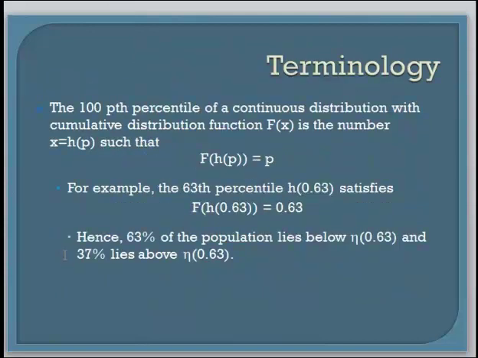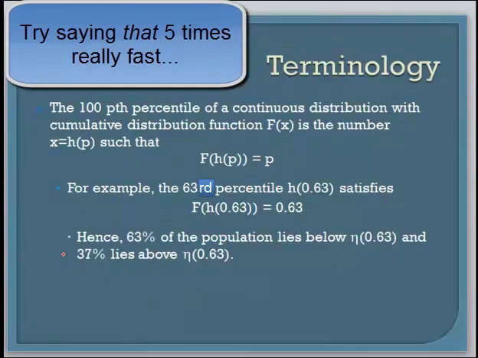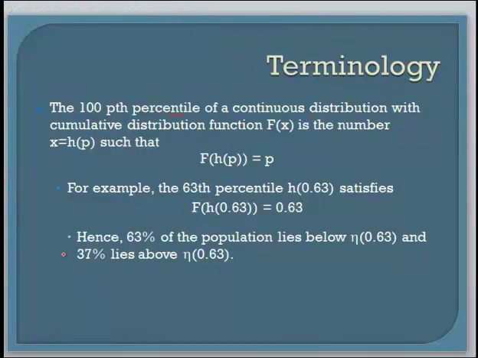The 100pth percentile of a continuous distribution with a cumulative distribution function F of x is the number x such that this function h of p is equal to p.